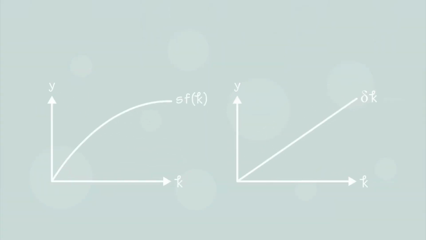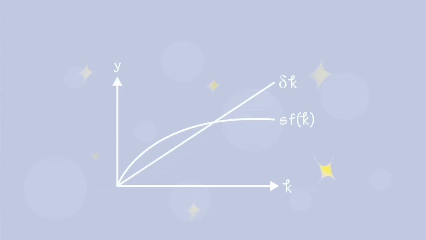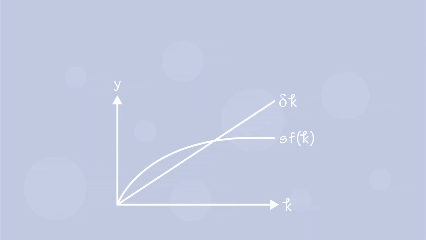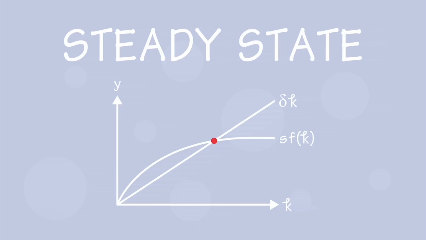When we put the investment per worker and the depreciation per worker together, it turns out like this graph. When the investment is large enough to cover the capital depreciation, we can say that the investment per worker is equal to the depreciation per worker. At the point where these two lines intersect, we reach what is called the steady state.